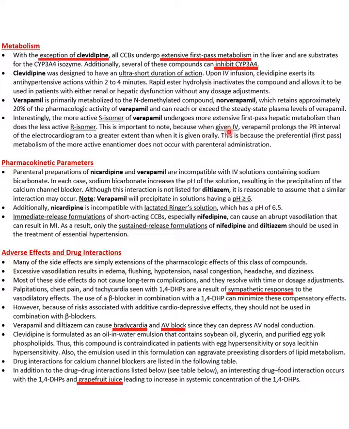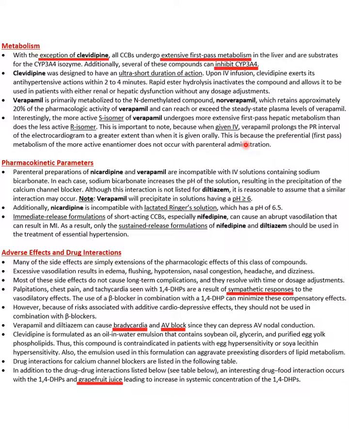The reason is, of course, because if you give it IV, then you don't have to worry about the first pass metabolism, so you adjust the dose such that you don't need as much of the verapamil. If you give it orally, then you will provide a higher dose.